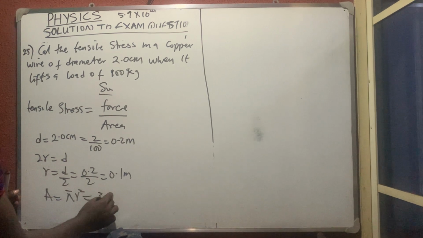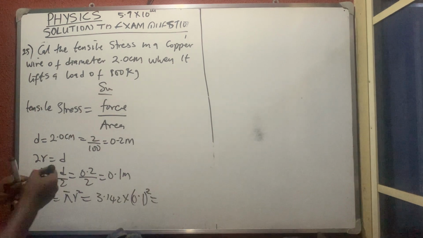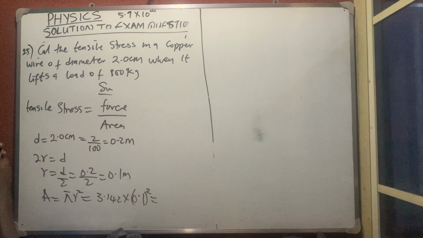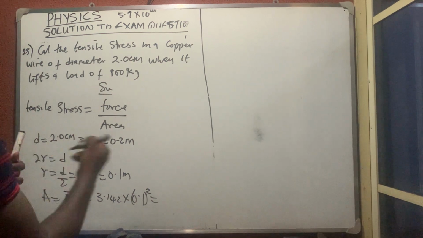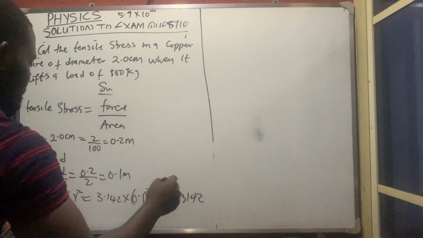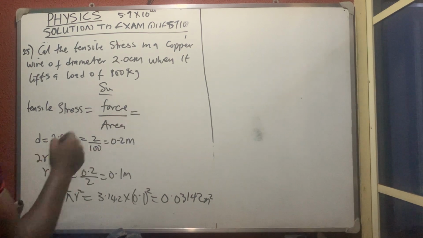Okay, and the area is simply pi r squared. Pi is 3.142 times 0.1 squared, which will give you 3.142 times 0.1 times 0.1. So I'm having 0.03142, in meter squared. This is the area. So the tensile stress is force.